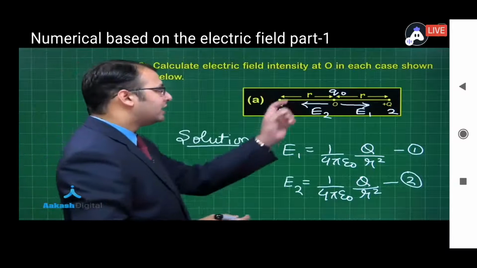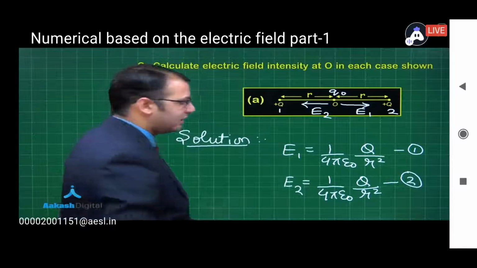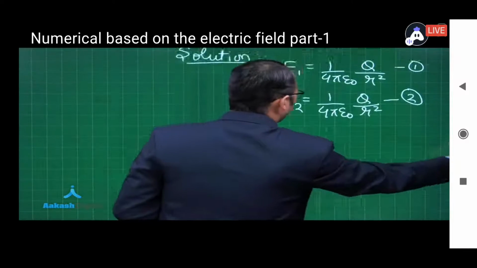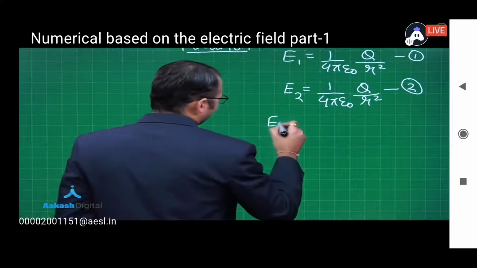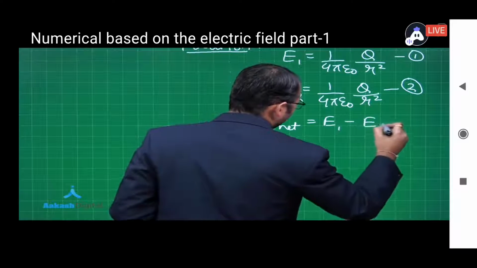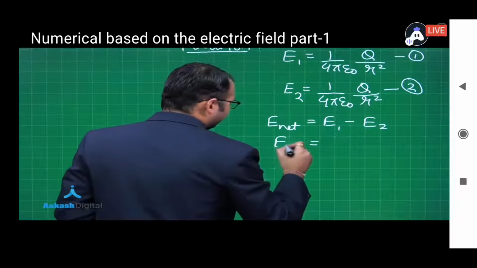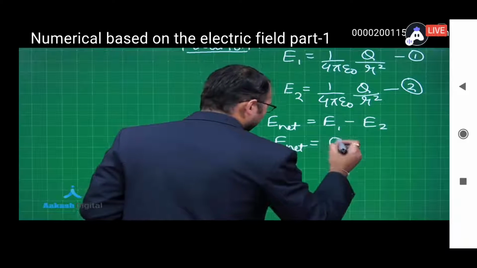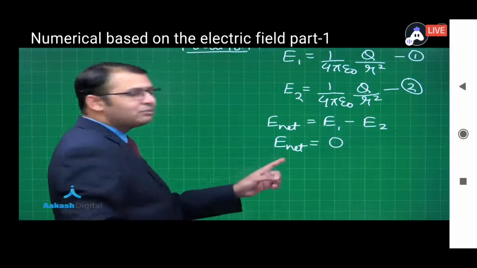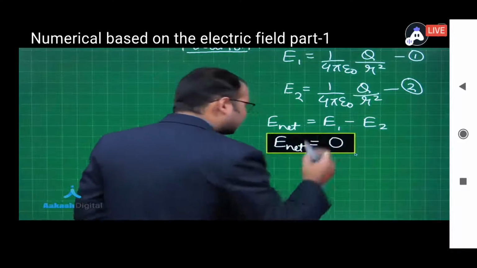As you can see, at the point O both the electric fields are in opposite directions. That means the net electric field will simply be the subtraction of E1 and E2, as they are at 180 degrees with each other, and the net electric field you will find is 0. Do remember this, because I have already told you a shortcut trick here.